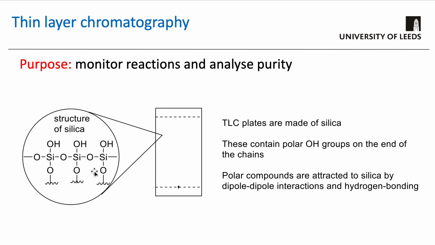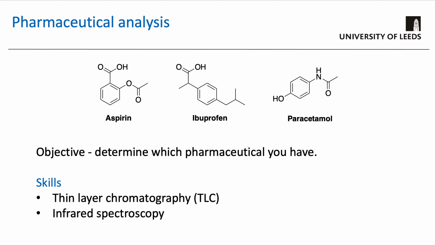Just like when you do the experiment with water and the felt tip, you get the ink running up the filter paper, these organic compounds, those pharmaceutical drugs, will run up the TLC plate, and the rate that they run up the plate will be dependent on their chemical structures. If I go back to the first slide, you can see each of these three different pharmaceuticals have different chemical structures, which means they will run up the plate at different rates.